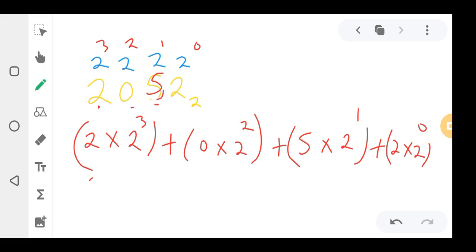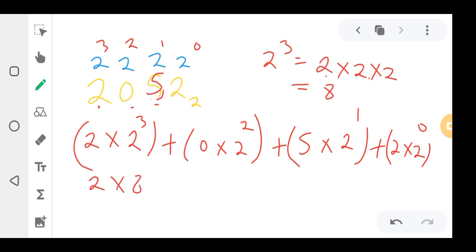So here it's 2 times 2 to the power 3, which doesn't mean 6. 2 to the power 3 means you're multiplying 2 three times: 2 times 2 is 4, 4 times 2 is 8. So here I'm supposed to put 8, not 6. 2 to the power 3 does not mean 2 times 3. That's why you have to write this somewhere so that you can remember.